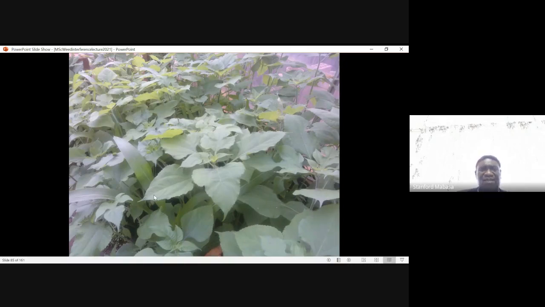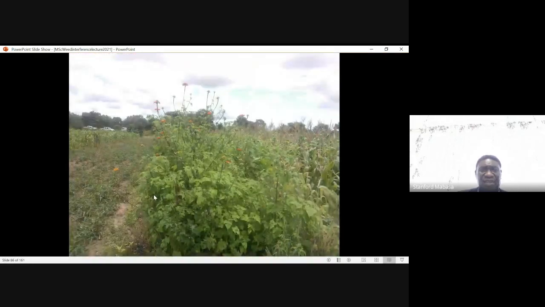It competes for light. This is in Murewa, where we're having this Tithonia. It's now starting to invade the agricultural fields. That was why we wanted to determine its competitive effects.